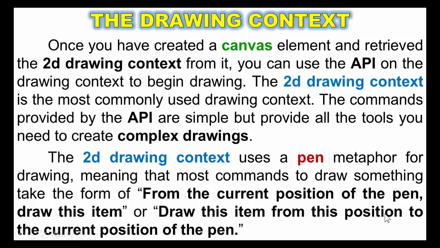The 2D drawing context uses a pen metaphor for drawing, meaning that most commands to draw something take the form of, from the current position of the pen, draw this item, or draw this item from this position to the current position of that imaginary pen.